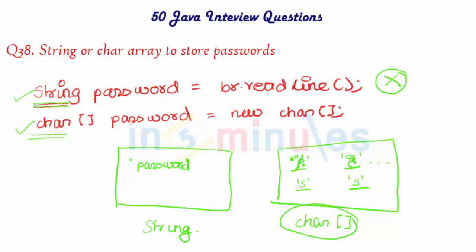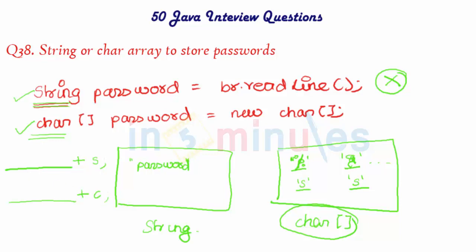Now if inside your logs you accidentally print the string password, say a line which says the password is, plus your string, this will actually print out the password inside the log files. On the contrary, if you use a character array and you try to print c, which is a character array, then this will give you a garbage value.